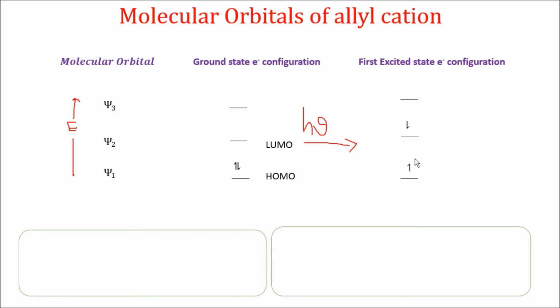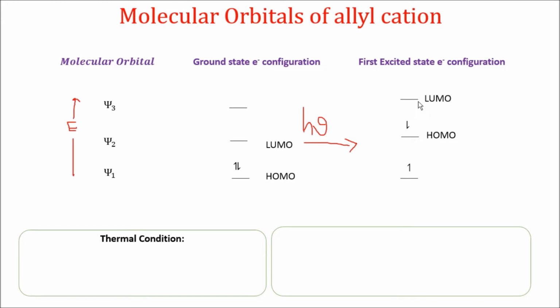To identify HOMO and LUMO, you just see the molecular orbitals with electrons. Here Psi1 and Psi2 both have electrons. Of these two, Psi2 has higher energy, that's why it is called HOMO, whereas Psi3 without electrons is called LUMO.